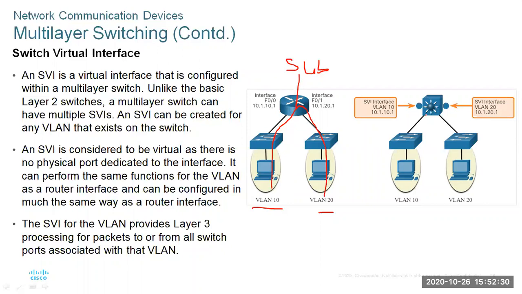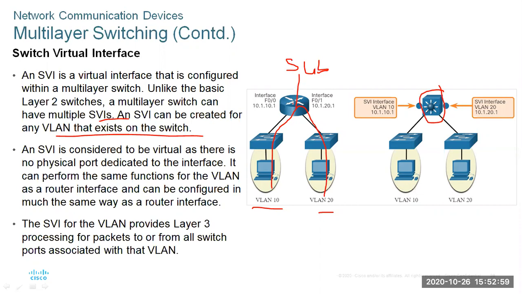But in a layer 3 switch, this multi-layer switch serves as the router in this case. An SVI is a switch virtual interface where you can just do it here. Unlike the basic layer 2 switch, a multi-layer switch can have multiple switch virtual interfaces, and they can be created for any VLAN that exists on the switch.